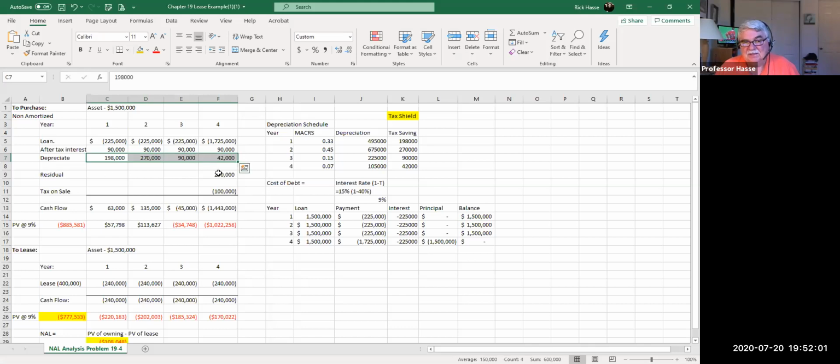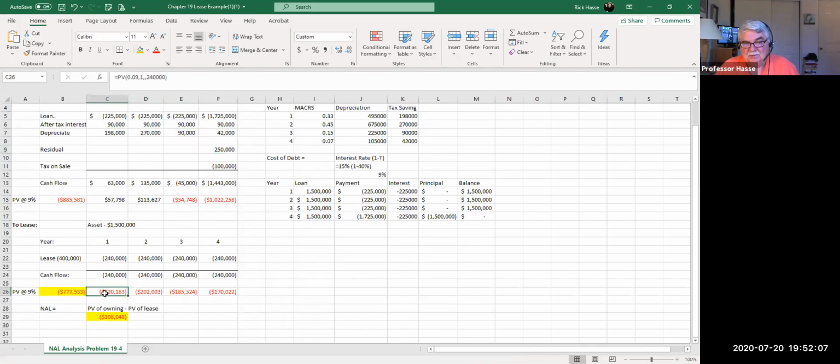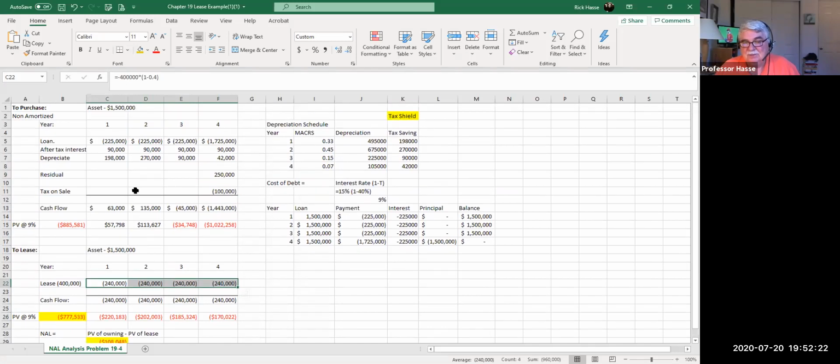And you get an advantage of resale of the asset at the end of its life. Where a lease is just strictly lease payments every year. Yes, you get a tax break on the lease payments because it is an operating expense, but the longer an asset goes out, the cheaper it is to own. But again, for short-term assets, leasing is cheaper.